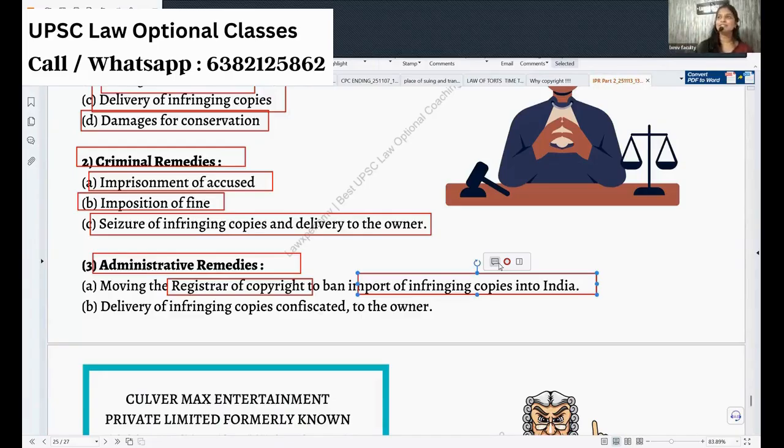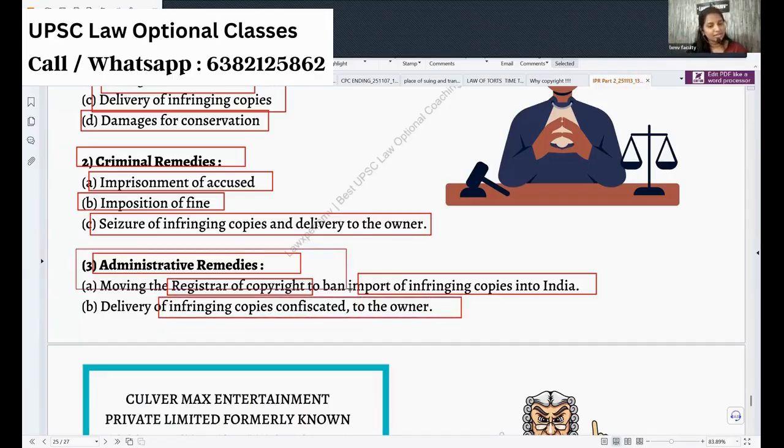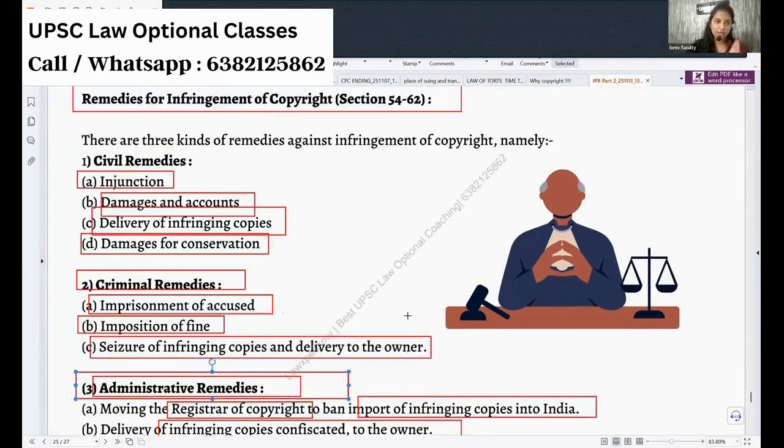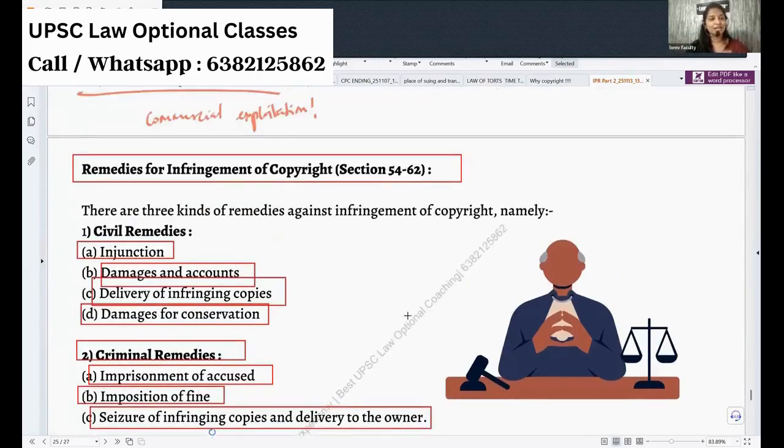And this theft CD will not be made in India. They will take the original copy somewhere abroad and they will make the CDs and come back. So we can stop it from entering India. That is an administrative remedy, that we can approach the registrar of copyrights. And delivering of infringing copies confiscated to the owner is also an administrative remedy. So when we talk about infringement, try to give a few points on remedies as well.